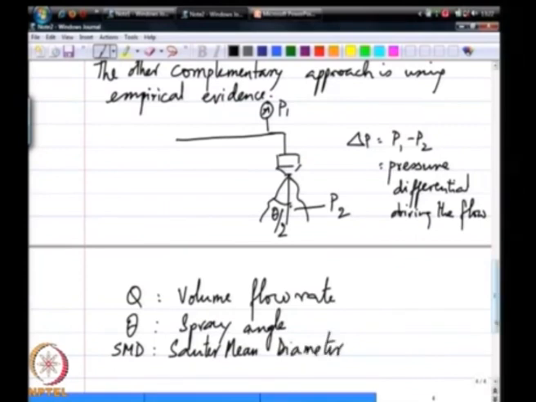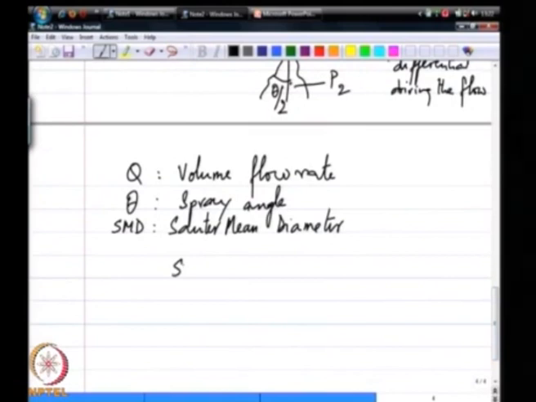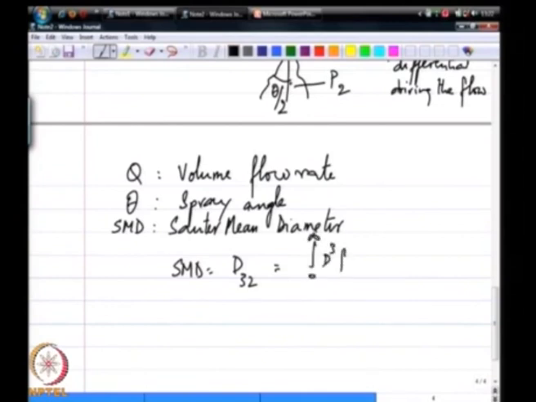If you go back to our old notation from PDFs, SMD is essentially D32, which is defined as the integral from 0 to infinity of d cubed times f(d) dd, divided by the integral from 0 to infinity of d squared times f(d) dd.